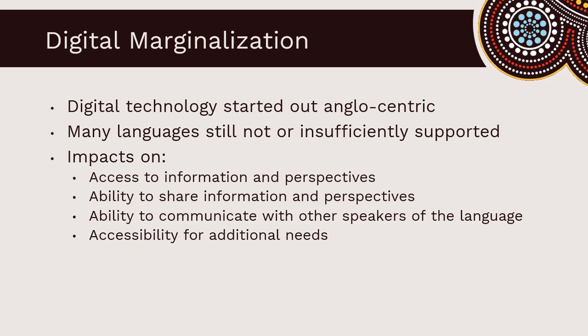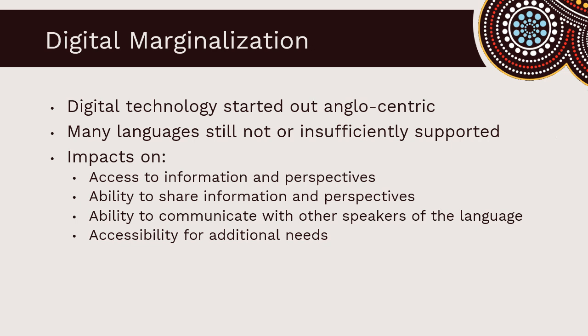But the result of this would be that it is very difficult for speakers of those languages to access information and perspectives. And that can be, that they don't have access to local information or more global and general information. So what we know to be possible with learning things on the internet and finding out would be very limited to digitally marginalized speakers.